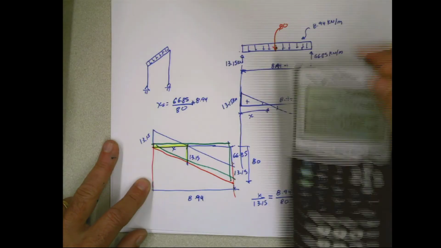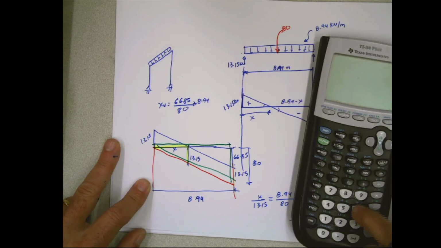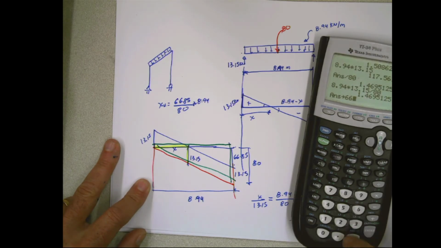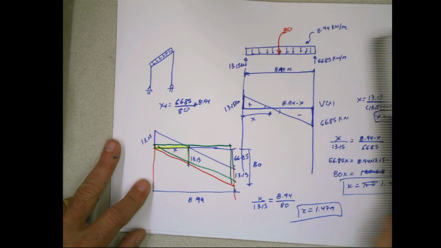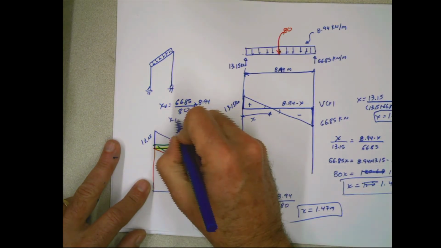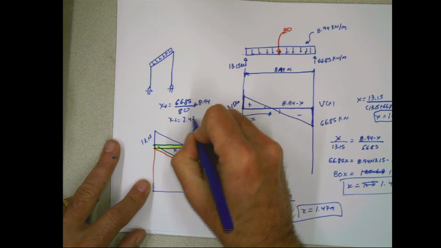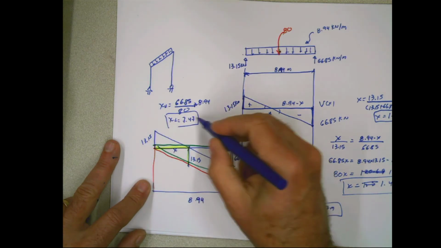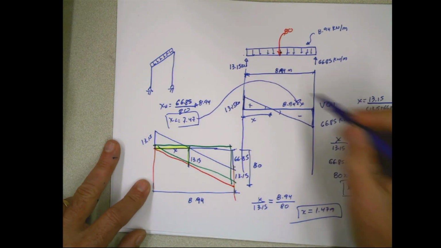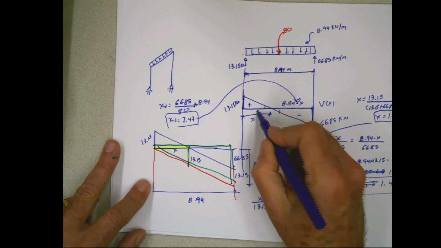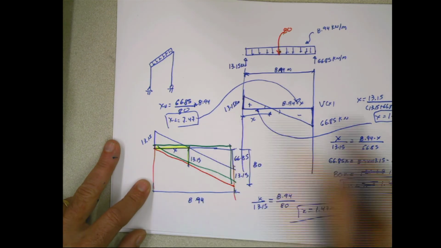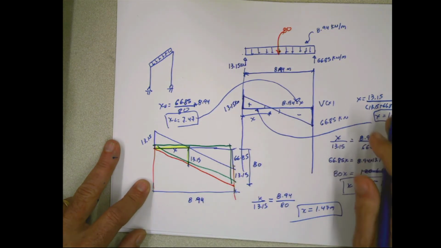And if you do that, then you have 66.85 divided by 80 multiplied by 8.94, and that is 7.47. That 7.47 will be this one, and the 1.47 will be that one. And if you add both of them, you're gonna get the total length.